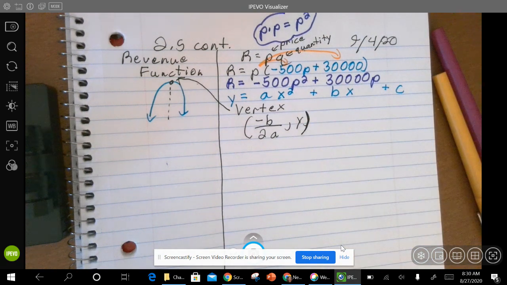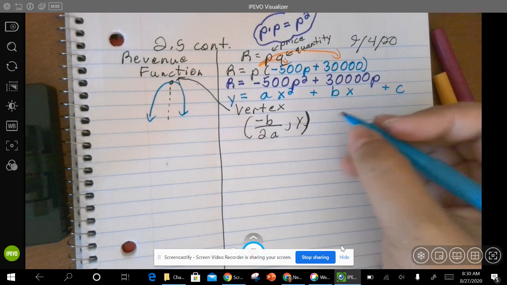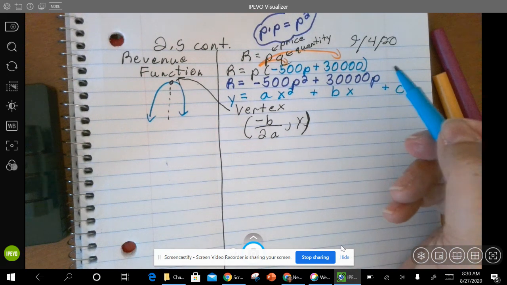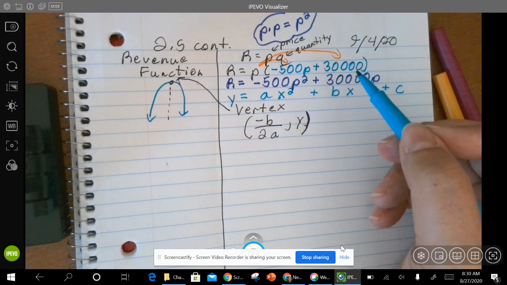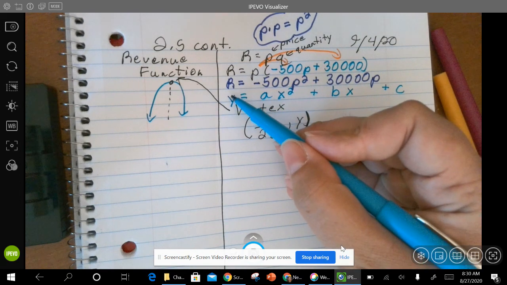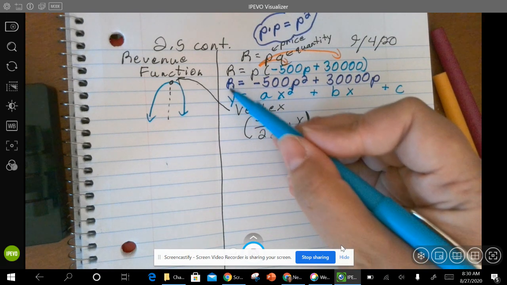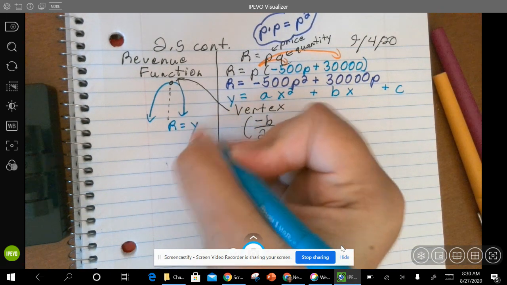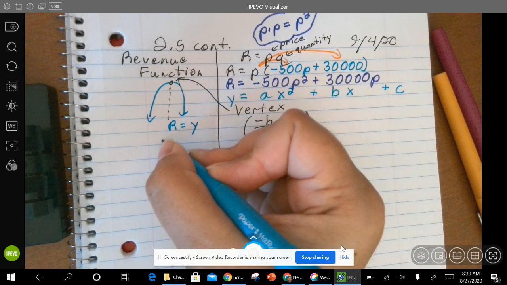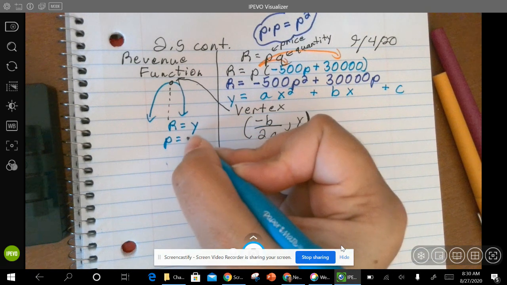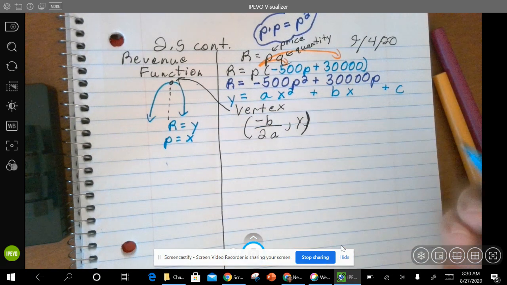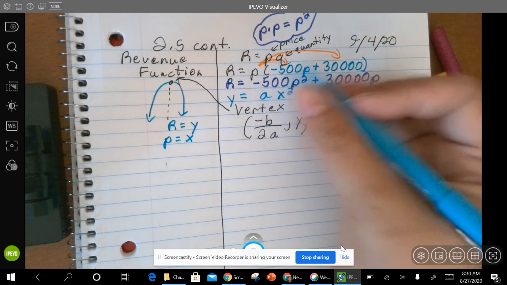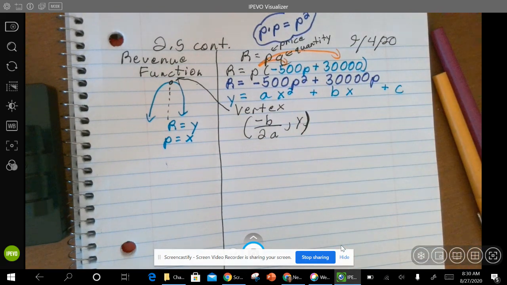Everybody remember, revenue is our y value. Let me write that: revenue is equal to y. The price is our x value. I just want to remind you all of that. Now we're going to substitute those in and get the numbers that we need.